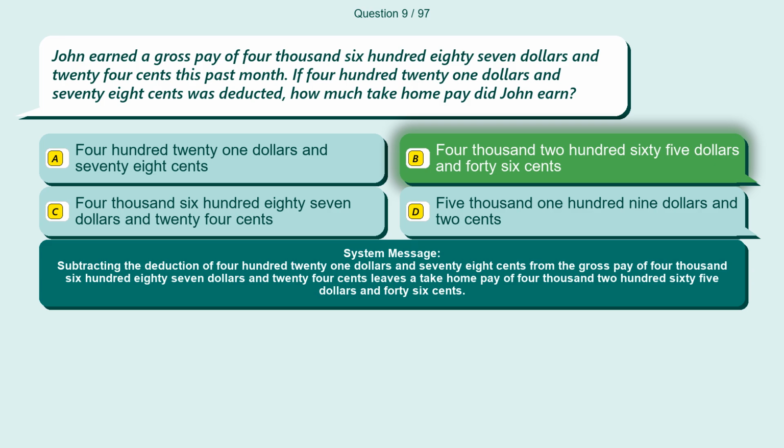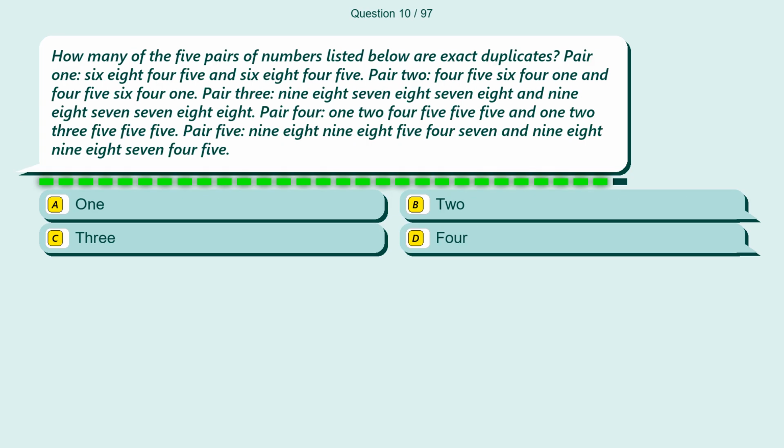Question 10. How many of the 5 pairs of numbers listed below are exact duplicates? Pair 1, 6845 and 6845. Pair 2, 45641 and 45641. Pair 3, 987878 and 987788. Pair 4, 124555 and 123555.